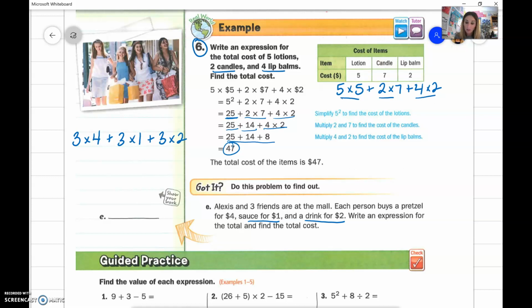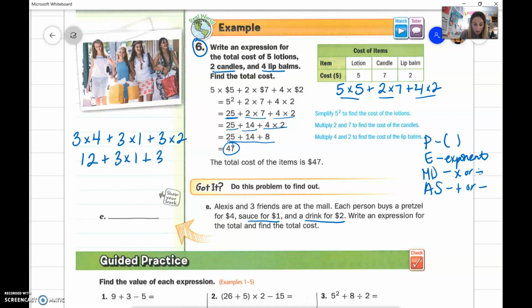Okay, so now the first thing we're going to do, please excuse my dear Aunt Sally: parentheses, exponents, multiply or divide, left to right, and then add or subtract from left to right. So we're going from left to right. First we start with our 3 times 4, which is 12. Then we bring everything else down. I bring down the 12 because I know that I need to then multiply my 3 times 1, which is 3.